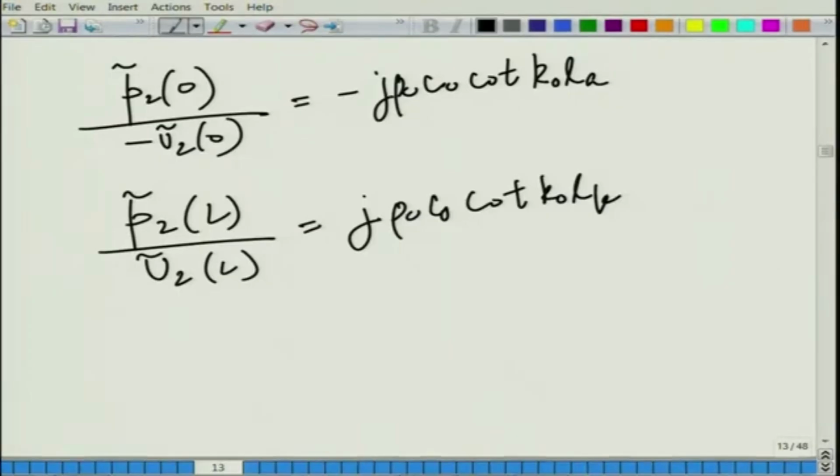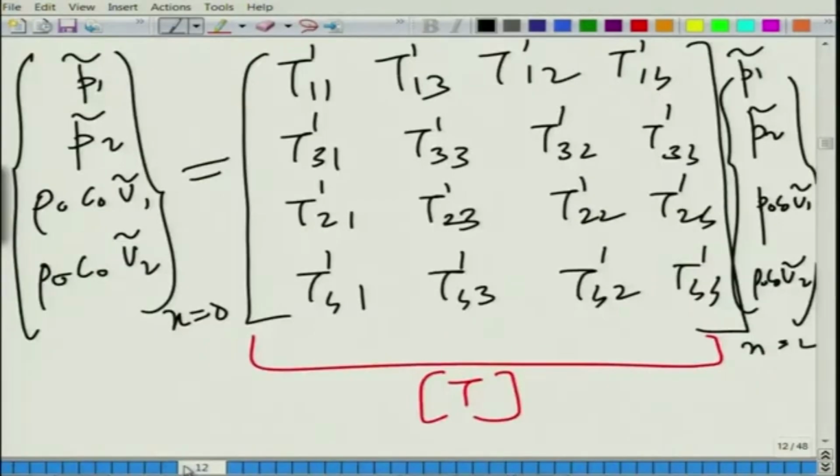Remember we are dealing with the system with the boundary conditions mentioned here, so we need to somehow incorporate these boundary conditions in this equation.